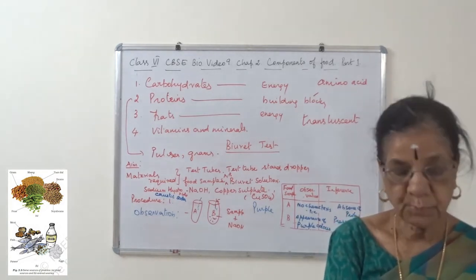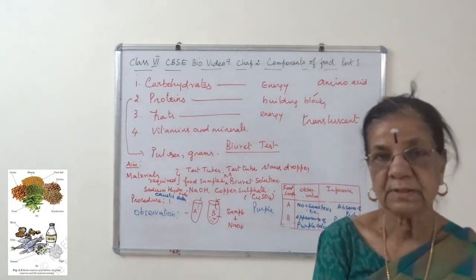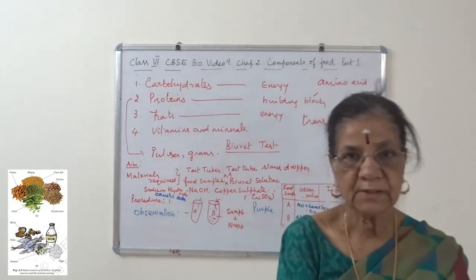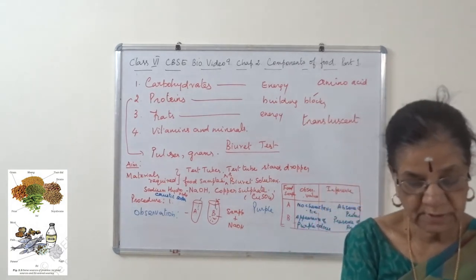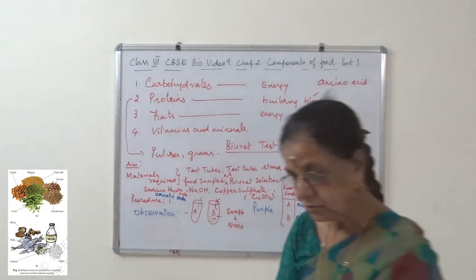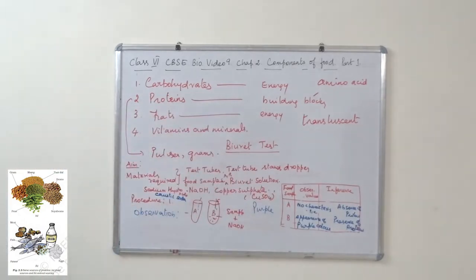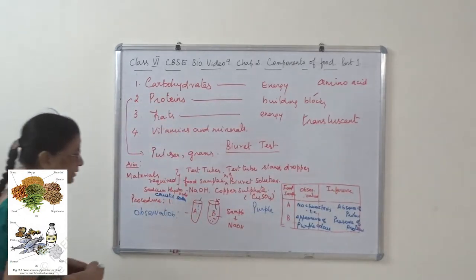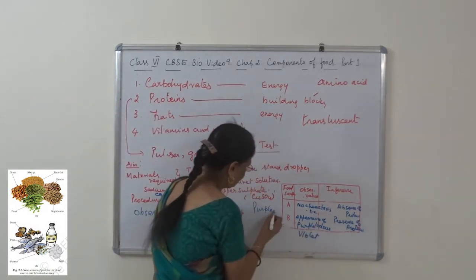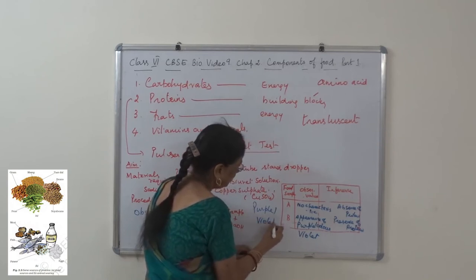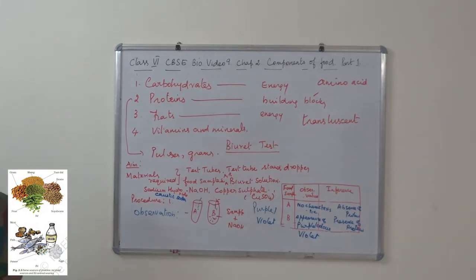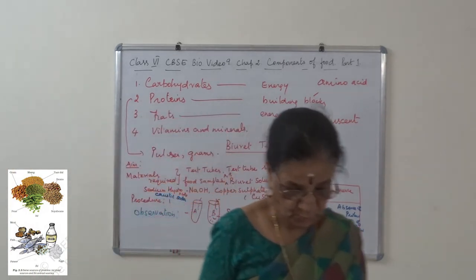A violet or purple color will appear that indicates the presence of protein. A violet color indicates the presence of protein in the given food. We say purple or violet. Purple or violet color will show the presence of protein. I hope you understand. So this is the test for protein.